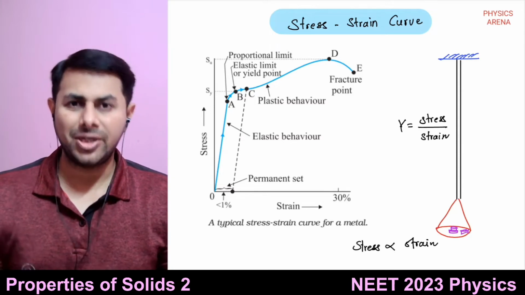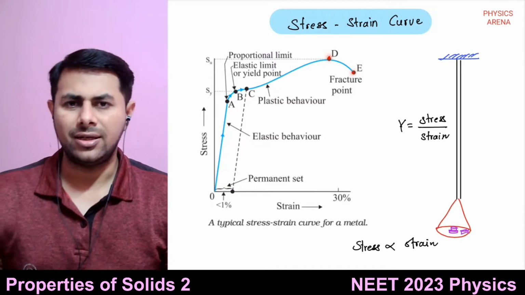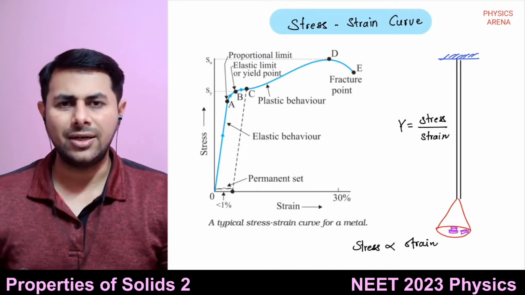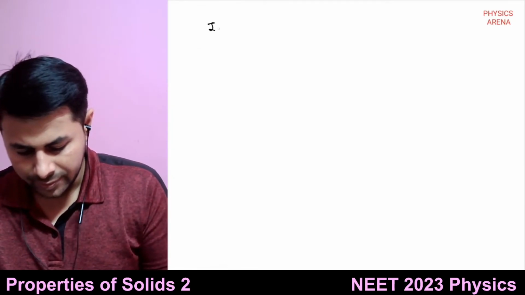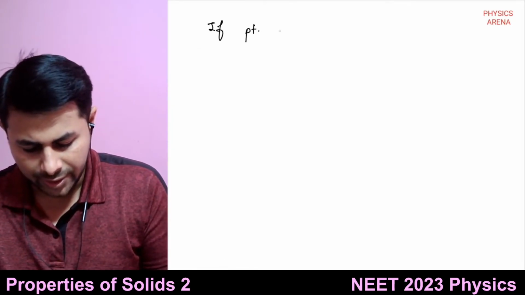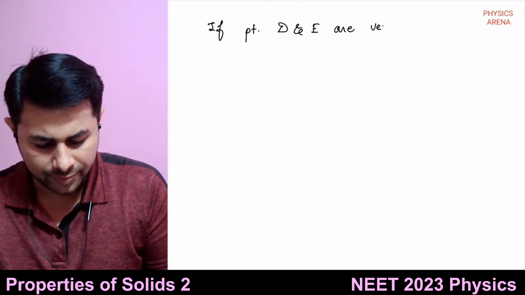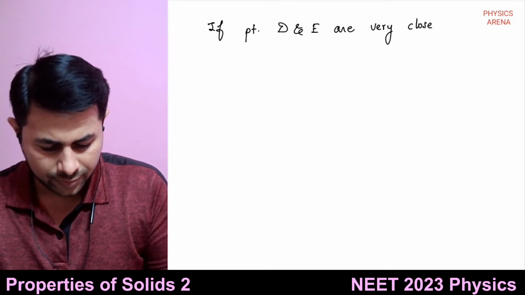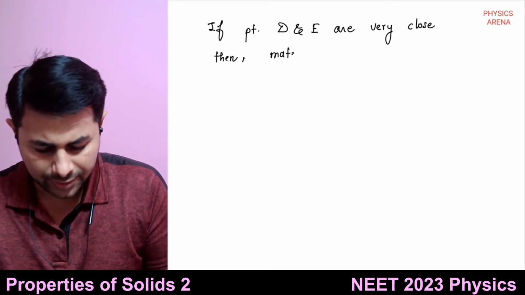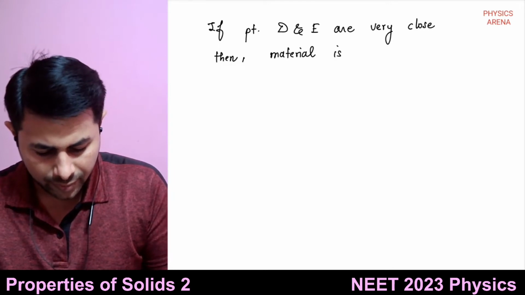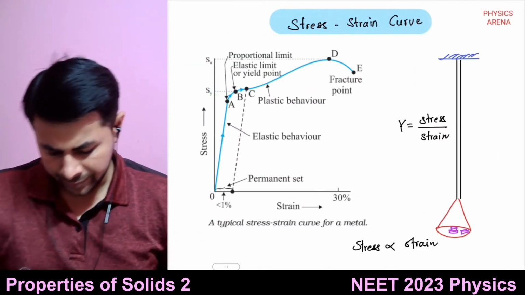The material is brittle. If point D and point E are very close, then we can say that the material is brittle. It breaks very easily.